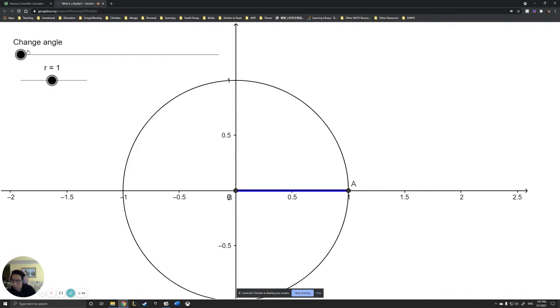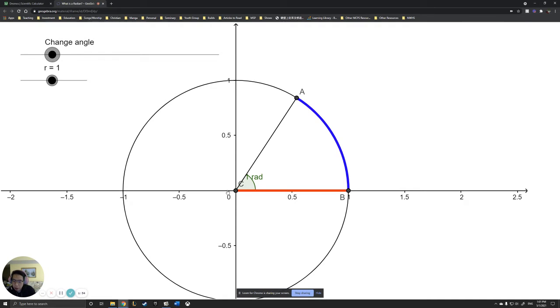This is just a visualizer, obviously, but if I wrap my radius length, for now it's just this AB here, around the arc of my circle, you can see the length AB has now been curved to be placed onto the circle's outer edge, the circumference. And this is what we define as 1 radian.